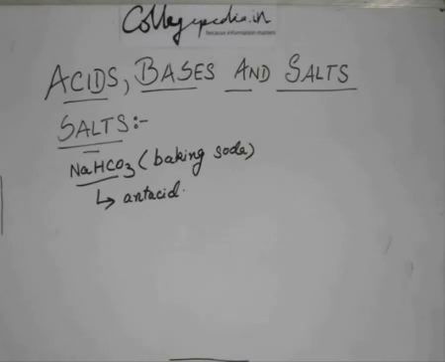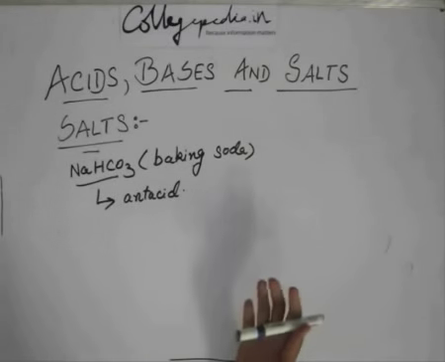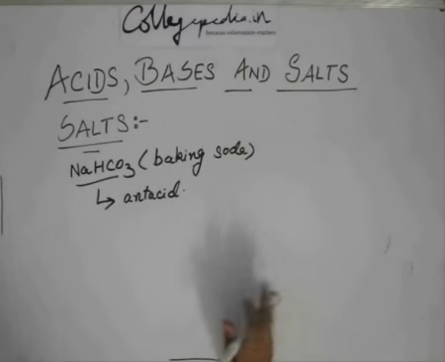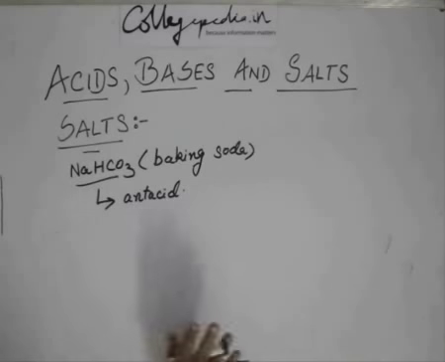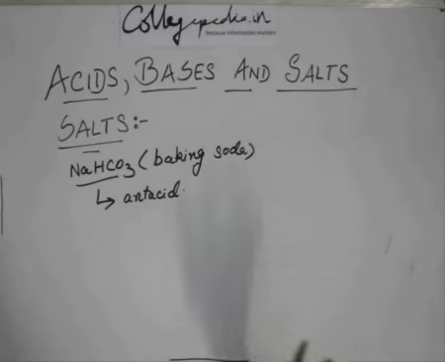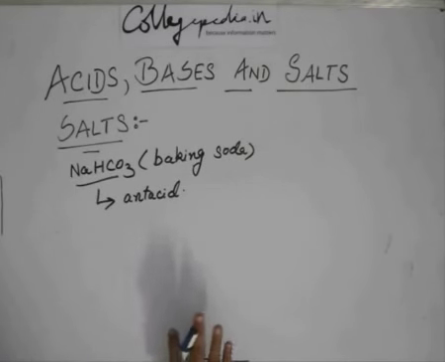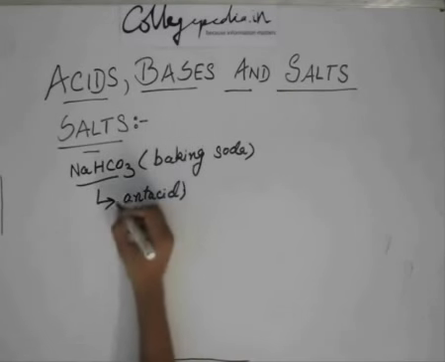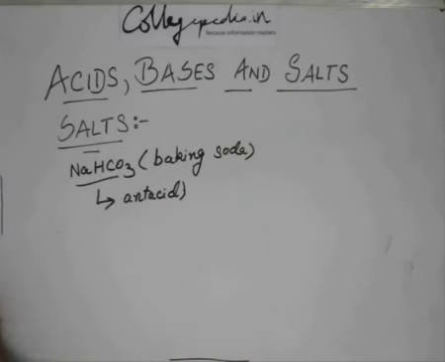If we have such a strong base, then our body will become basic, which will be harmful for us. So we need a mild base. A strong base and a weak acid react to form a salt which is basic but mild. So this mild basic salt will be used as your antacid.